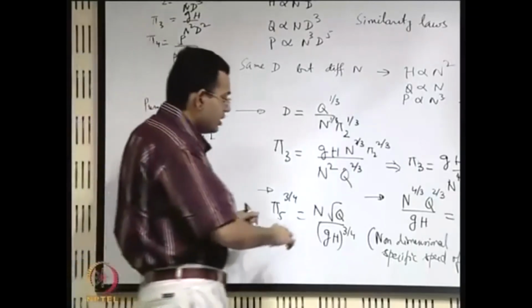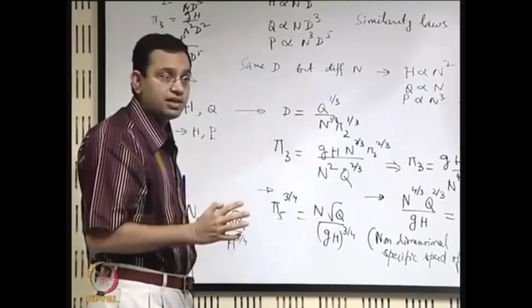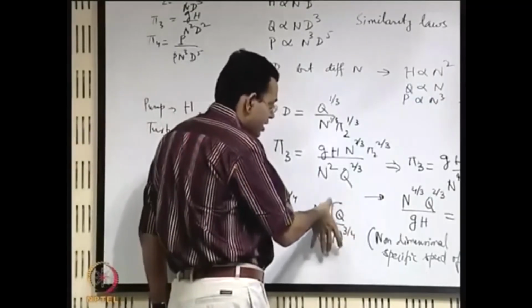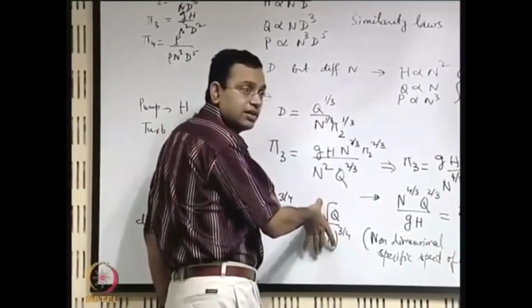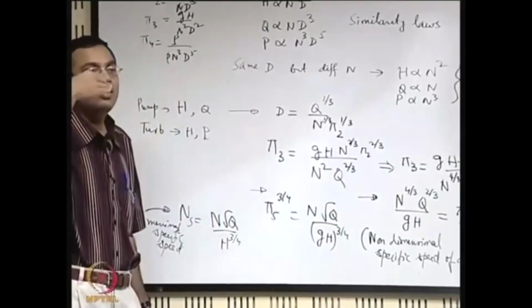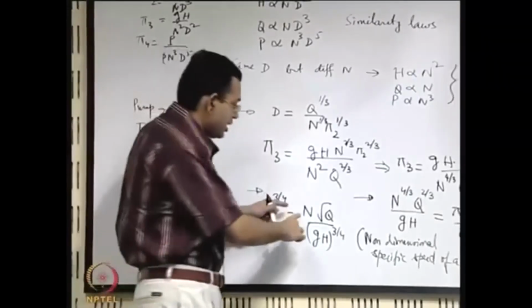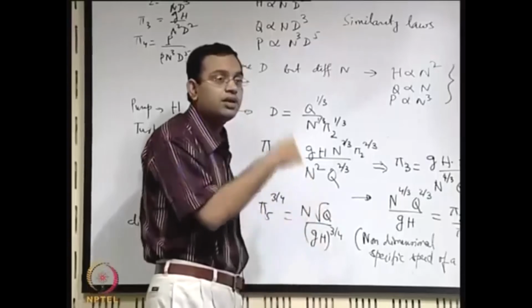So when you have different n, q and h, these are important parameters for a pump, and they should be related. If it is pumps of a homologous type, the specific speed should be a constant, it should not vary from one particular pump to the other. The advantage here is that you have written this in terms of a parameter that is independent of the diameter.